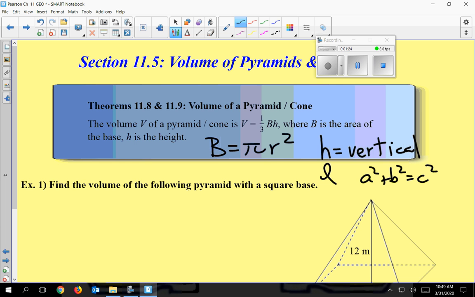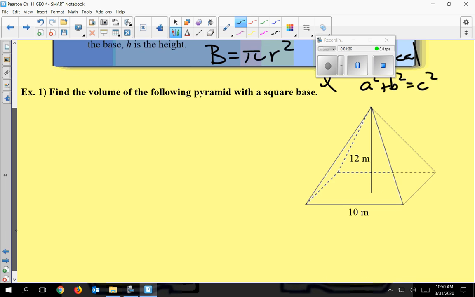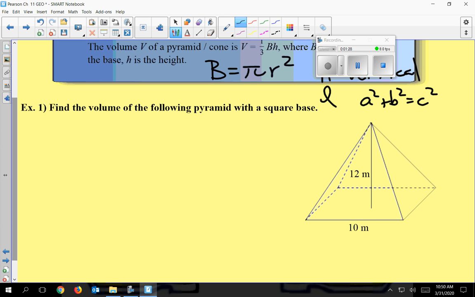Okay, so we're going to start off with a pyramid here and find the volume of it. Another thing, I kind of forgot about this. I do these a little bit differently. The volume formula in your box, because it's a cone and a pyramid, is 1/3 the base times the height. So I got a little bit ahead of myself there.